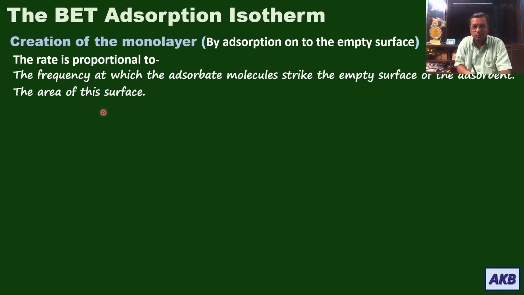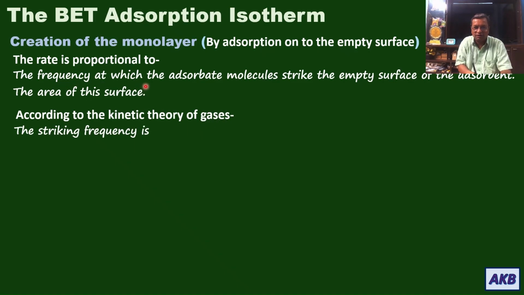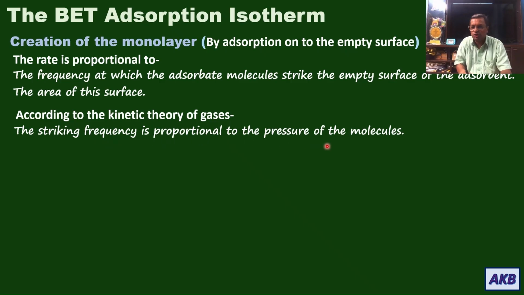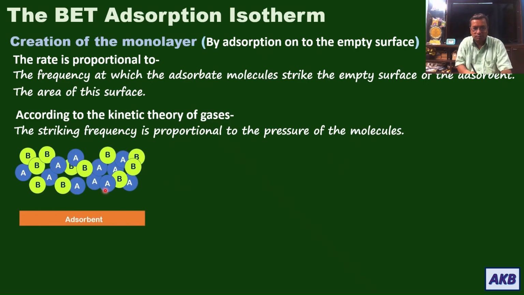That means the rate is proportional to two parameters. One is the frequency at which adsorbate molecules strike the empty surface of the adsorbent, and the second is the area of this surface. According to the kinetic theory of gases, the striking frequency is proportional to the pressure of the molecules that are getting adsorbed.